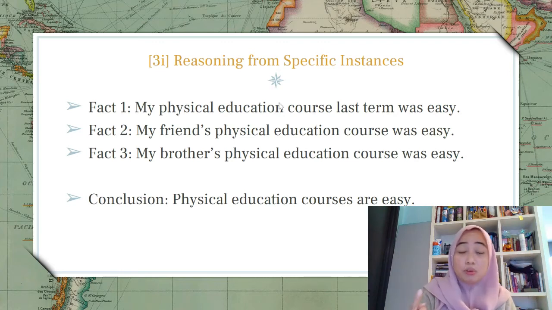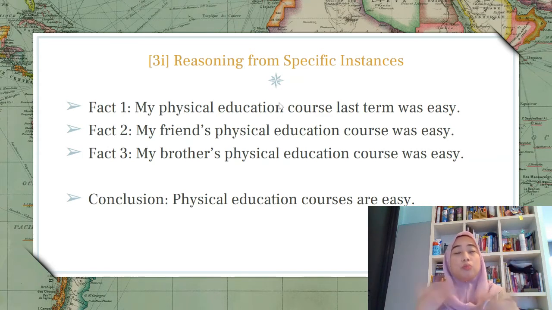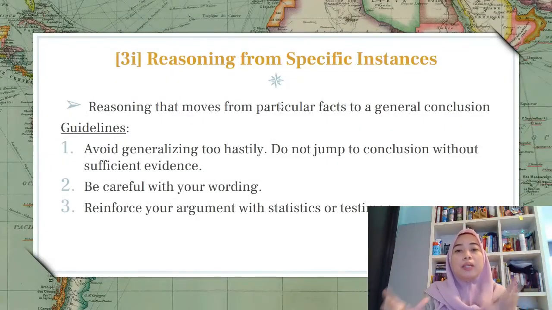The first is your own testimony, then you have your peer's testimony, and your brother's course was also easy for him. So you want to conclude that physical education courses are perhaps easy. Remember, even though these are the cases, you need to avoid hasty generalization.